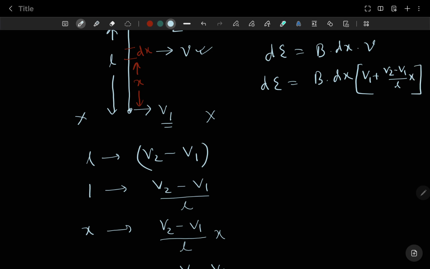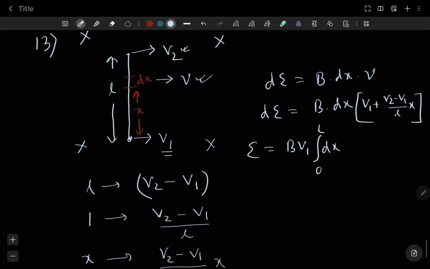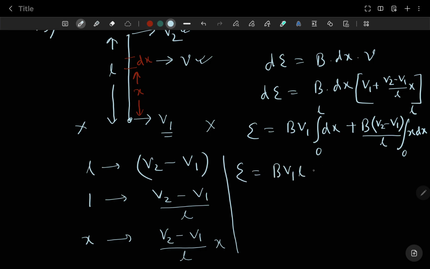Okay. So what we can write is epsilon will be B V1 integral dx from 0 to L, plus B V2 minus V1 by L, x dx, from 0 to L. So it will be B V1 L plus B V2 minus V1 by L into L square by 2, right?